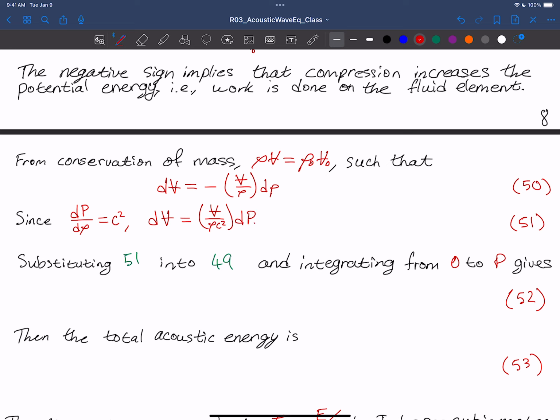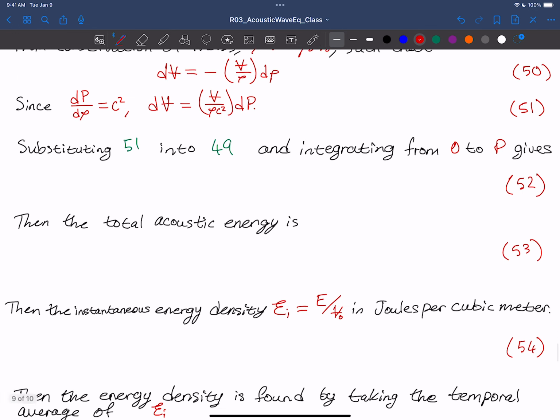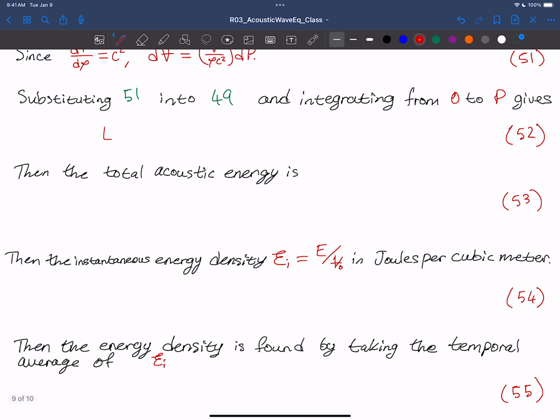From there, if we substitute equation 51 into equation 49, and I'll scroll up so you can see what equation 49 was again, we will find that the potential energy, E P, is equal to 1/2 times the fraction P squared V0 divided by rho 0 c squared.